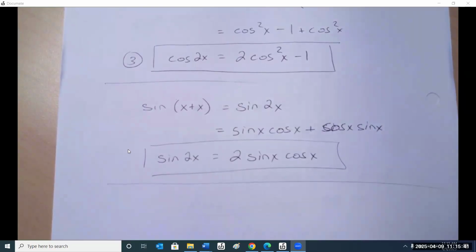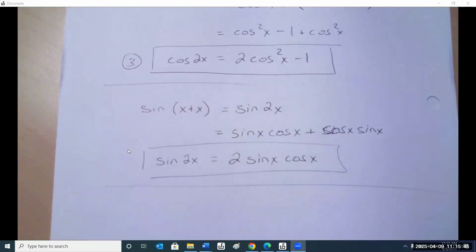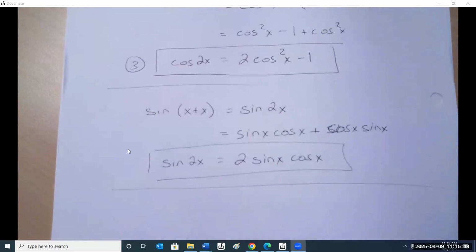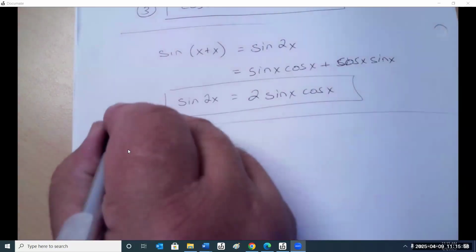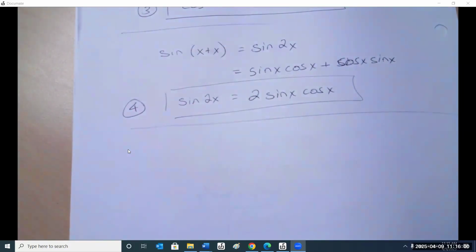The reason the cosine had more is because it was cosine squared minus sine squared, and the squares came perfectly from the Pythagorean identity. Sine didn't have much to work with. So these are our 4 double angle formulas.